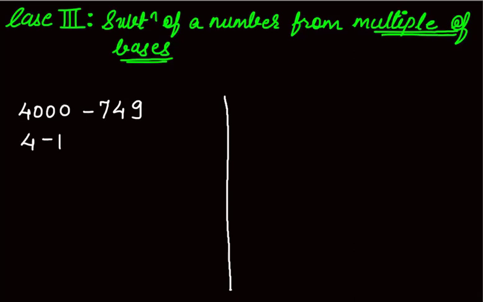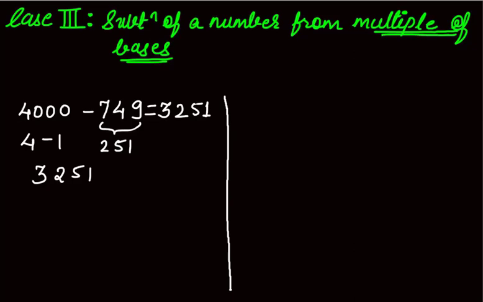Here, the multiple of base is 4000. So, on reducing 1 from 4, we get 3 at thousands place. And now, we'll simply write the complement of the number 749 as 251. Thus, 4000 minus 749 equals 3251.